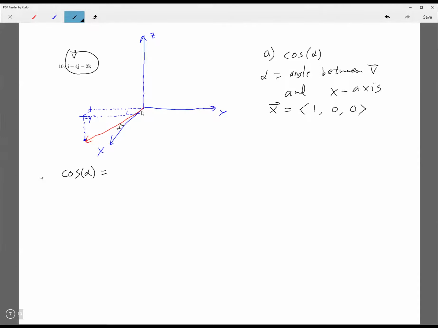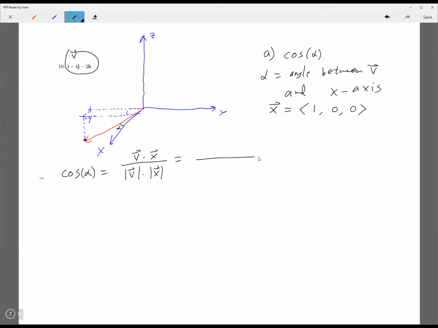That'll be the x-axis, 1, 0, 0. Okay, so the cosine of alpha is going to be v dot x over the product of the magnitudes, like that.